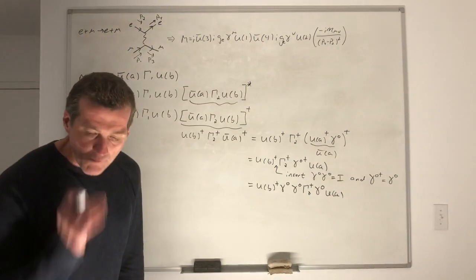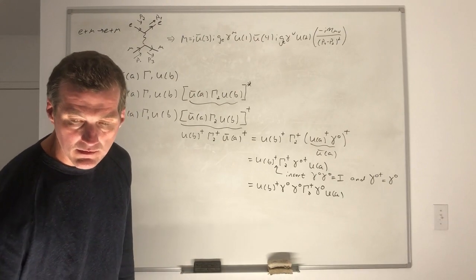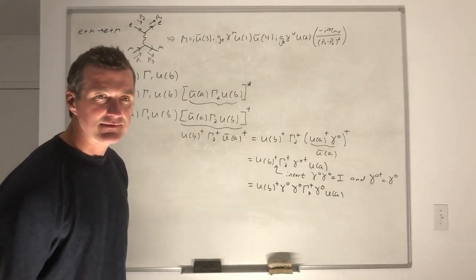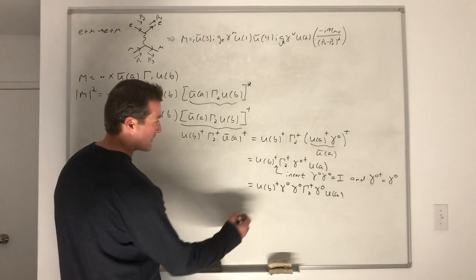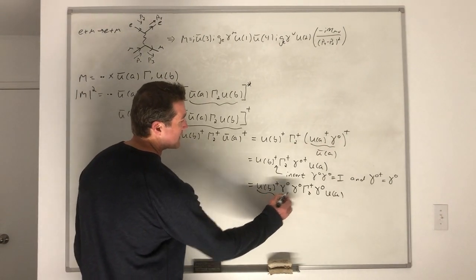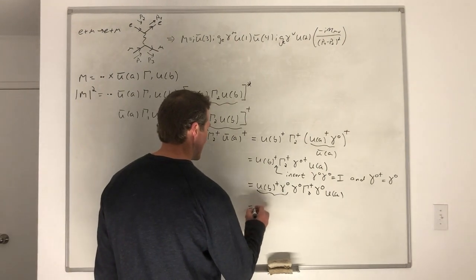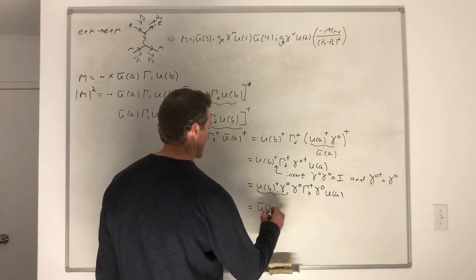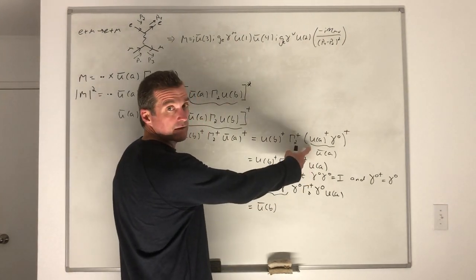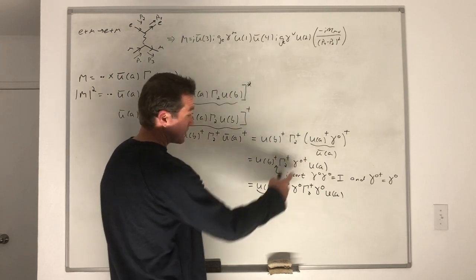Now are you ready? I'm going to pick a card here. Ross, you awake? What is this thing right here? U bar B. Yes. U bar B. Remember what I told you up here? Well, that's what we've got here.